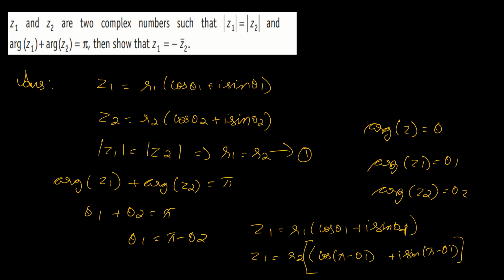Z1 is equal to, we can write like this: cos of pi minus theta 2, see equation 2, plus i sin of pi minus theta 2. Sorry, it's not pi minus theta 1, it is pi minus theta 2.